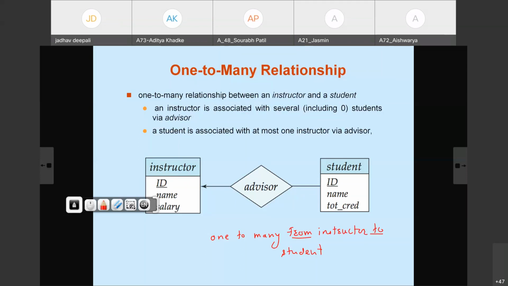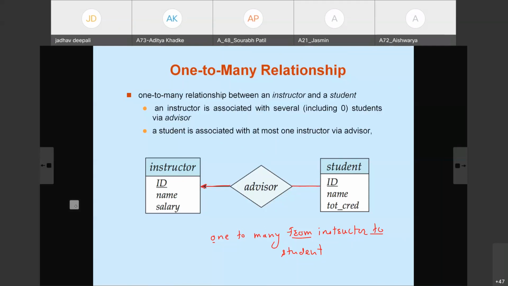One instructor is associated with many students. So how to represent it? One at the side of the instructor, so the arrow, the directed line, is towards the instructor and the undirected line is towards the student, indicating one to many.